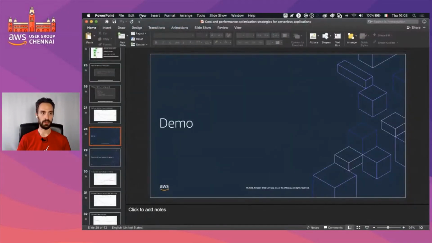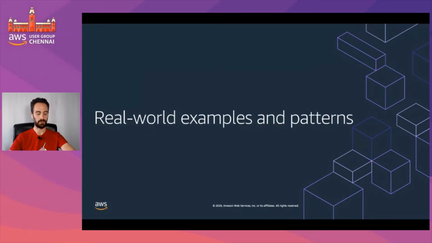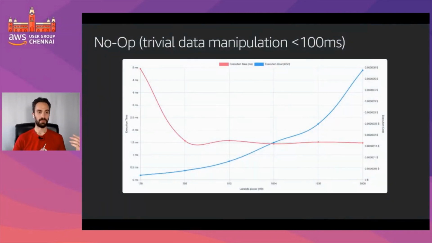Now, let me go back to the slide so I can show you some other charts about not only CPU-bound workloads. Let me tell you about some of the other patterns. The first pattern I want to tell you about is what I call the no-op.